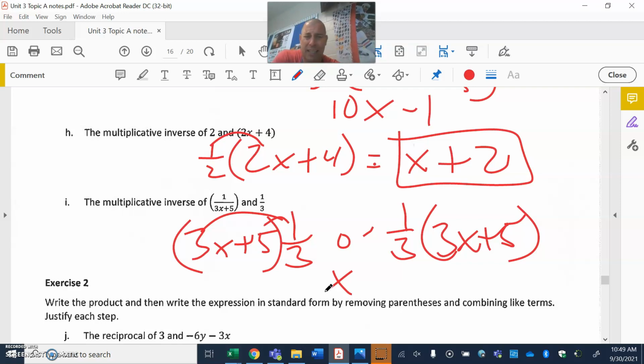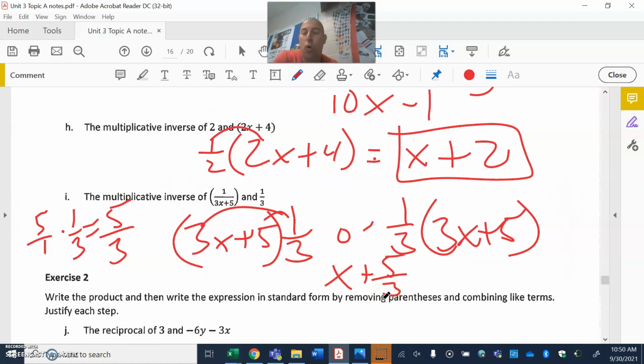Well, that's not clean, but let's see what's going on here. If I'm doing 5 times 1/3, here we go, 5 over 1. I don't see any cross division, do you? So we're going to multiply across. It's 5/3. And we can leave it like that. So x plus 5/3. That's it. We're done.